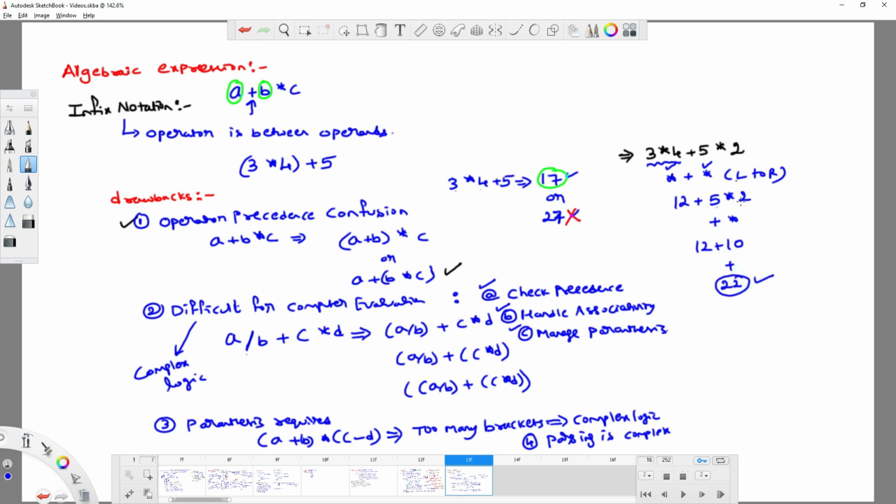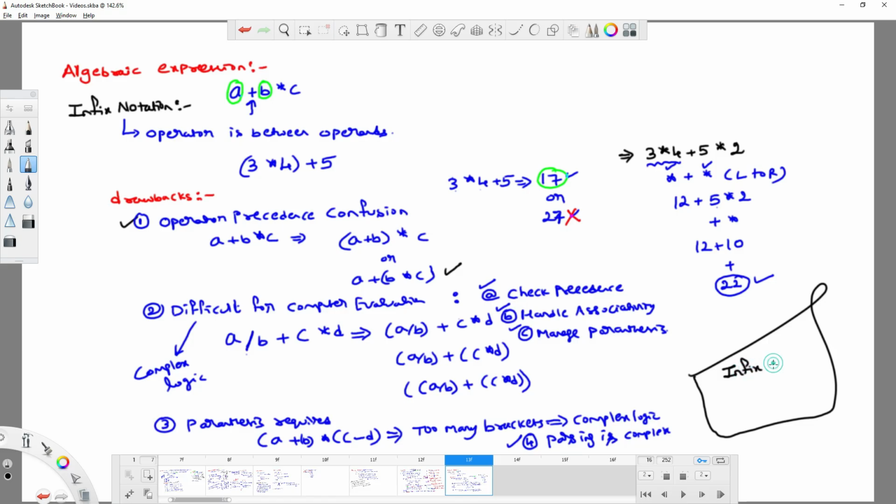Observe, guys, as a machine it has to check the parsing. That is what I am trying to say with the fourth step. It has to parse everything one by one, line by line, character by character. So parsing is going to be the complex one. With respect to the infix notation, the infix notation is human friendly, guys.